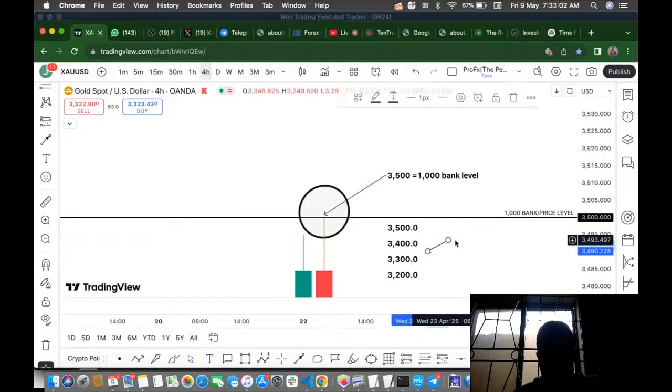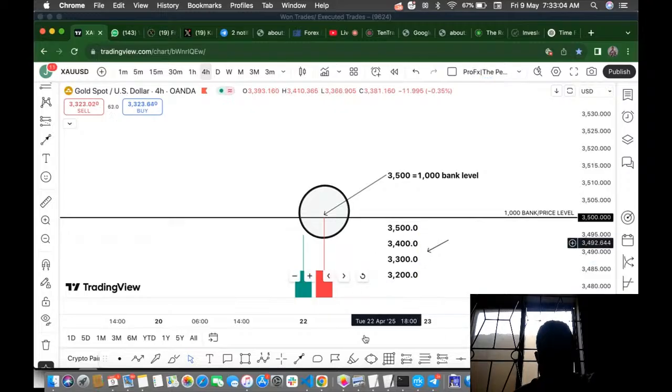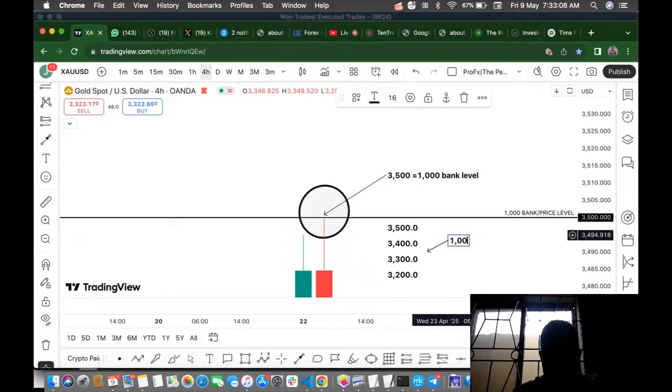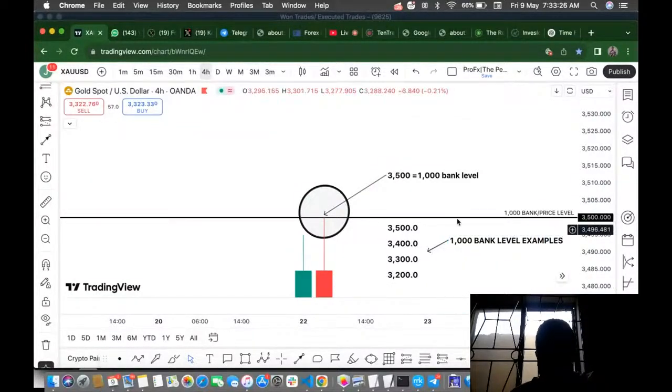Please don't mistake this. Gold is a different species. 1,000 bank level examples: 3.5, 3.4, 3.3, 3.2.